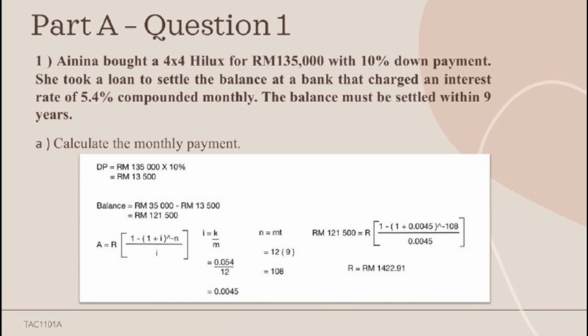So 121,500 times 0.054 over 12, divided by in bracket 1 minus in bracket 1 plus 0.054 over 12, the power of negative 108. So we will get the answer 1,422 ringgit 91 cent. So that's the answer for the monthly payment.